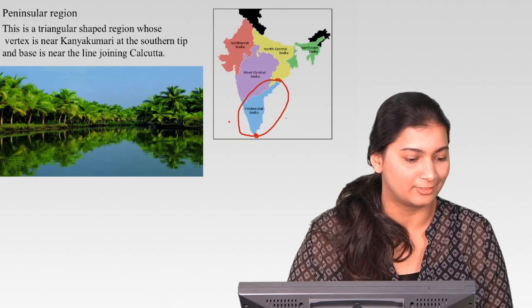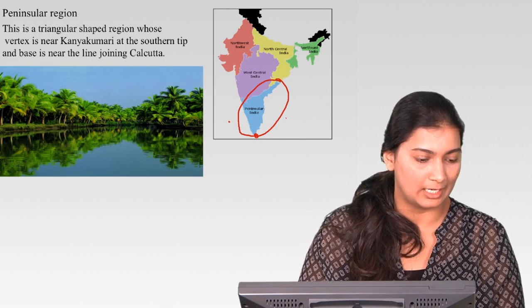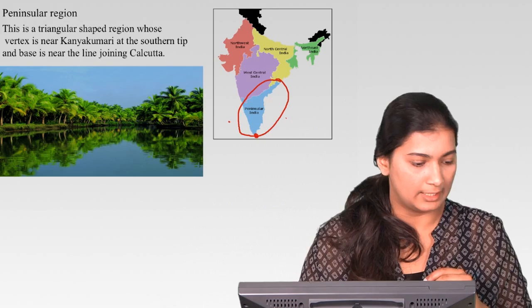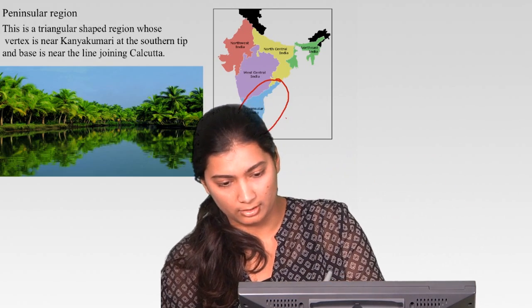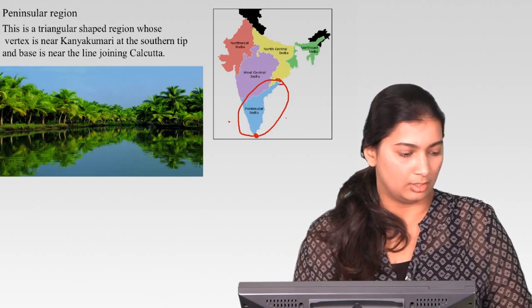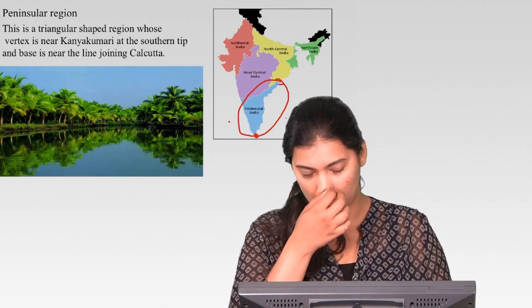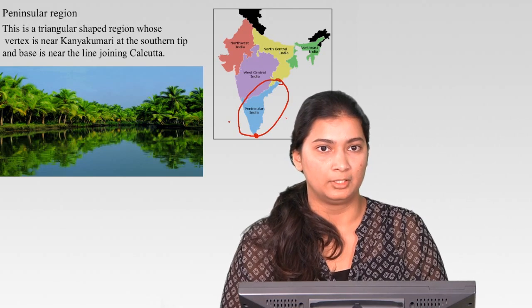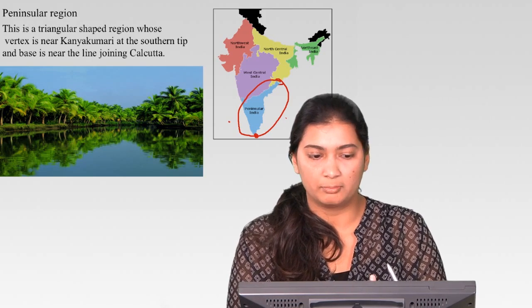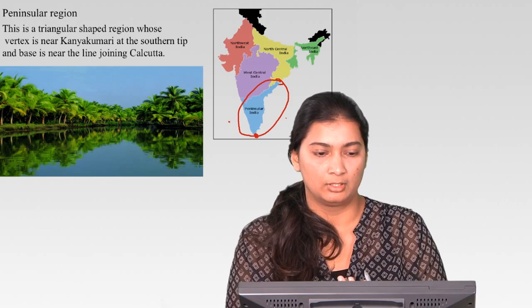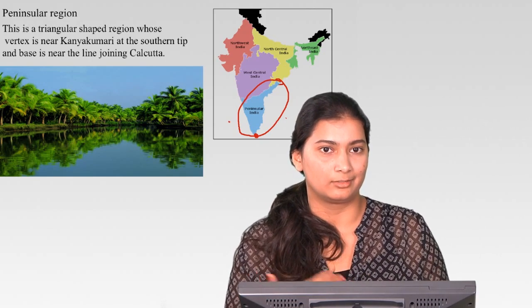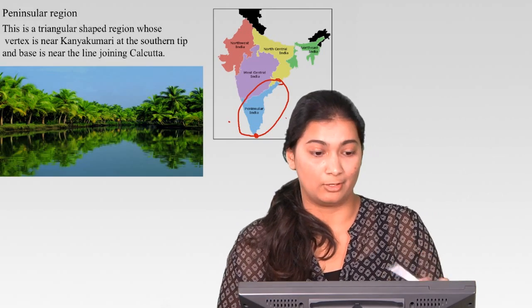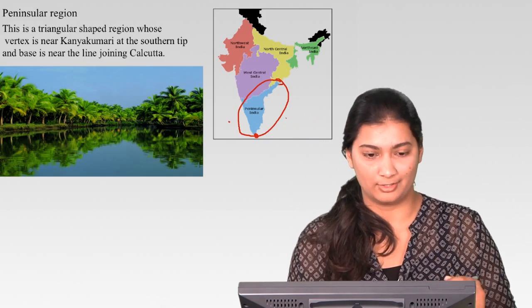That's pretty. The peninsula region starts from here, and it ends around here near Calcutta. In the photo there are a lot of coconut trees, and the occupation of most of the people out there is mostly coconuts, and the food is coconut oil based, because there's a lot of greenery out here as well.